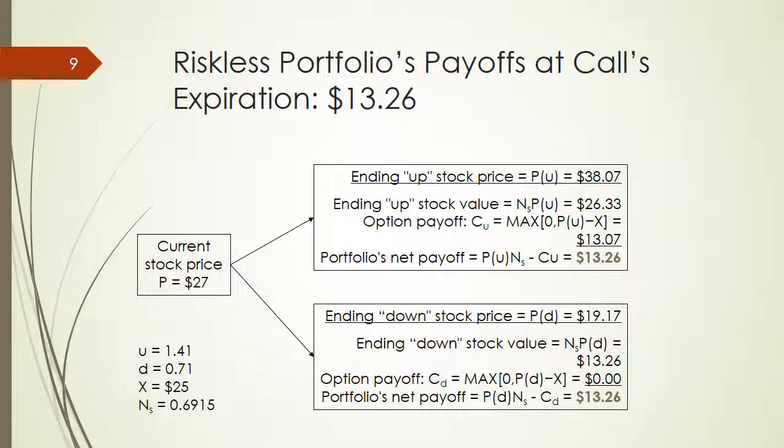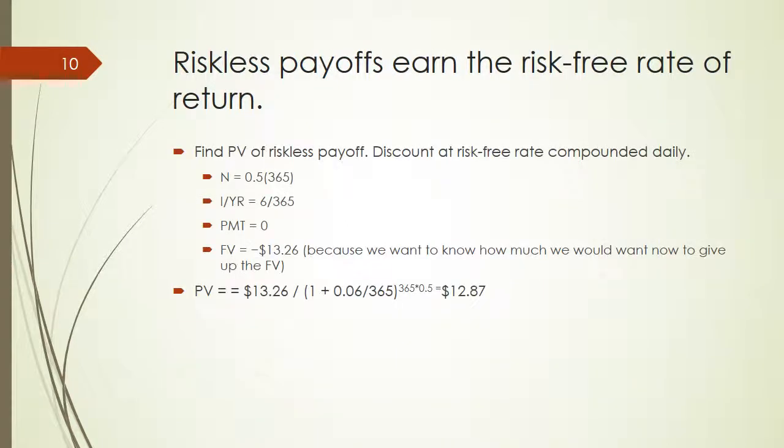The riskless portfolio is constructed by buying N shares of stock. It doesn't matter if the price goes up or down, the portfolio's net payoff will be equal to $13.26. So the riskless payoff earns the risk-free rate of return.